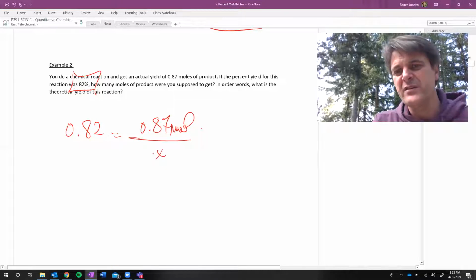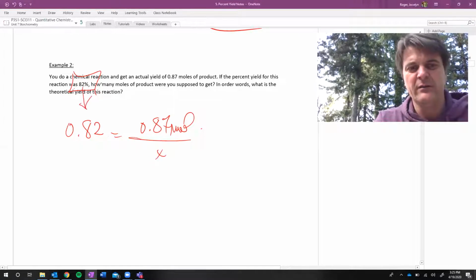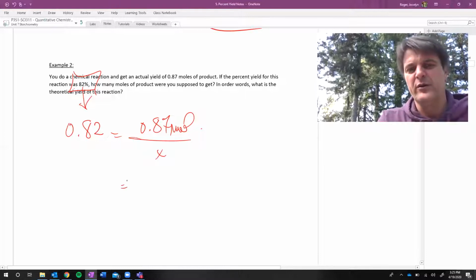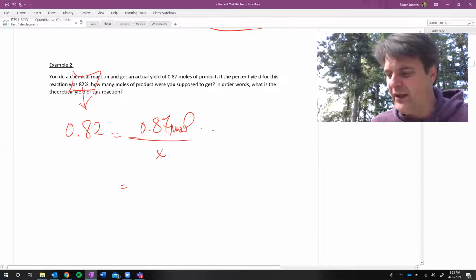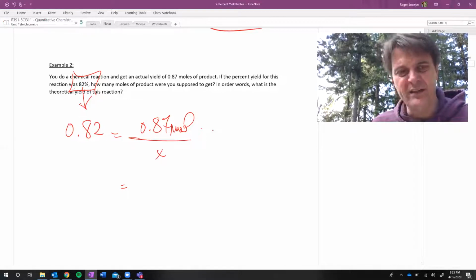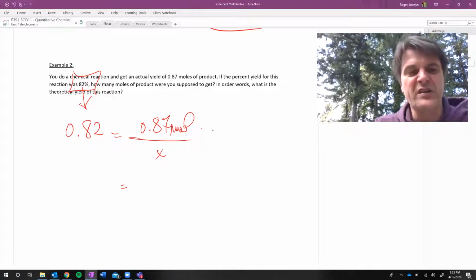So we'll put an X for the theoretical yield. I'm dividing this 82% by 100, so I don't have to times it by 100 over here. And so 0.87 divided by 0.82, 1.061.